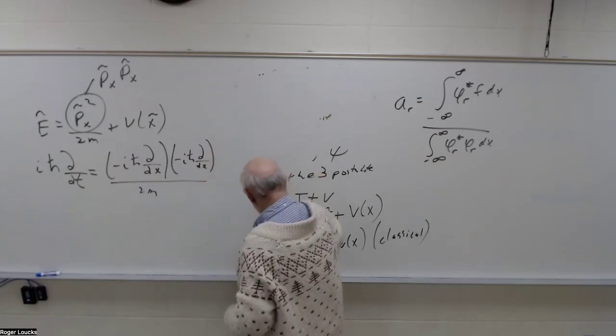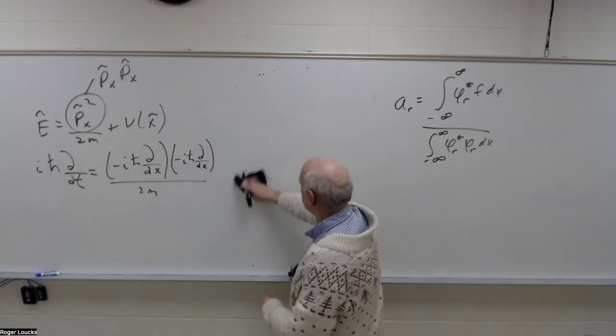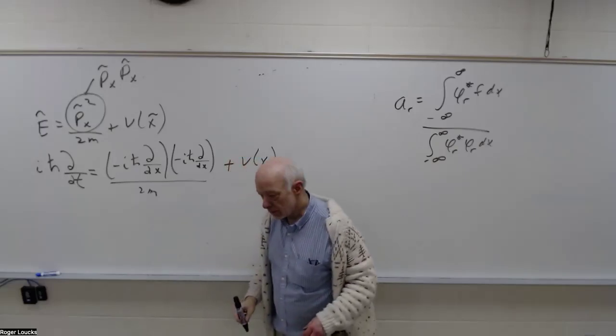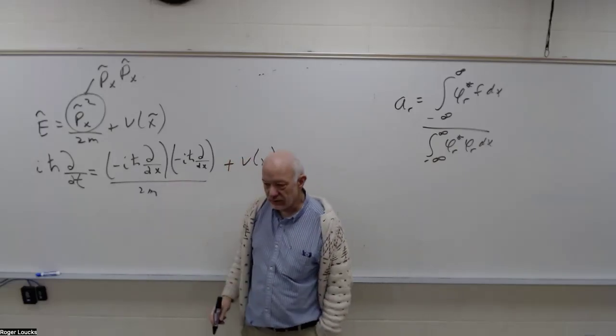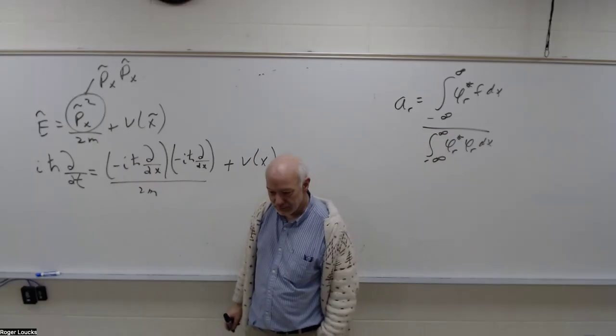This was x. Okay. Minus i times minus i is just minus 1, right? How come?